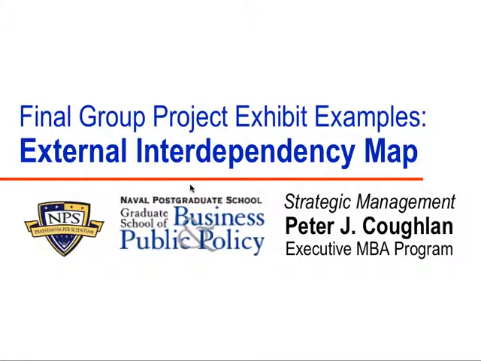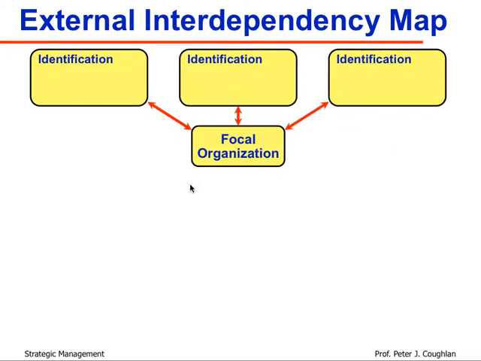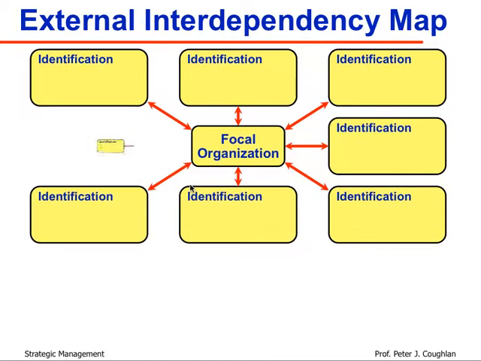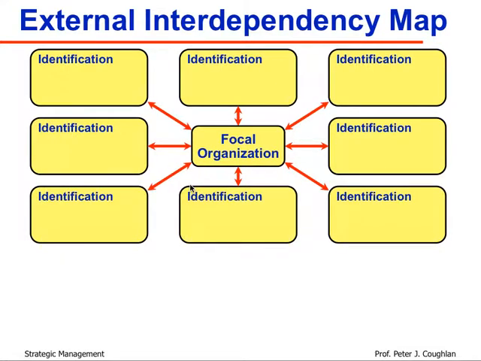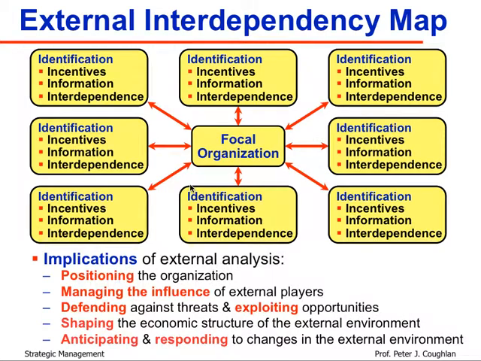So the one common one that students almost always do is something along the lines of an external interdependency map. And you may remember that I talked about these ideas of identifying the different external interdependencies that the organization has with those around it, then analyzing those in terms of their incentives, their information, their interdependence, then thinking about the implications.